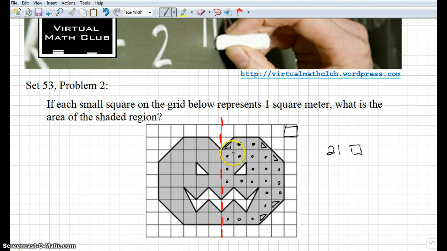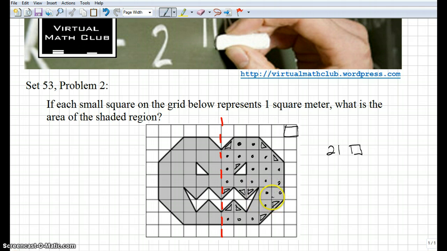Now let's look at the half squares. How many of those do I have? I've marked a few of them already. There's 1, 2, 3, 4, 5. We have another one here, 6, 7, 8, 9, and 10. Oh, and I think I've got one more up here, 11.